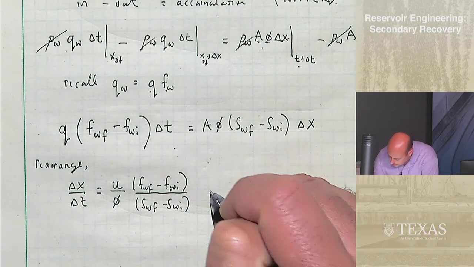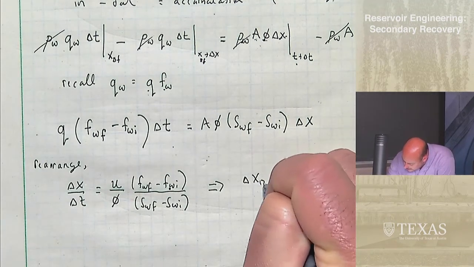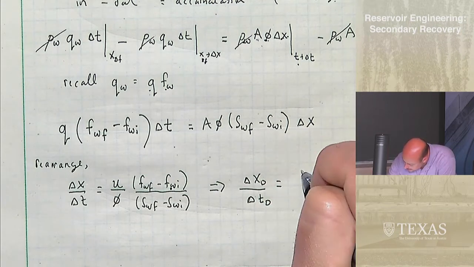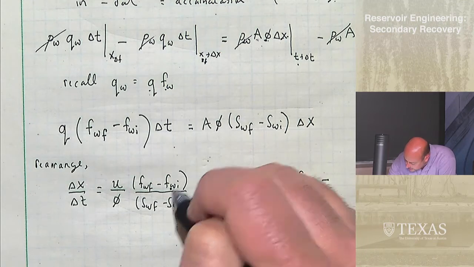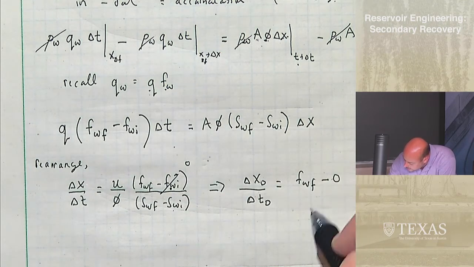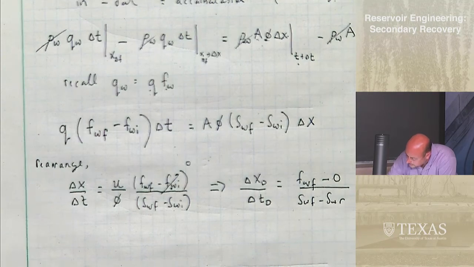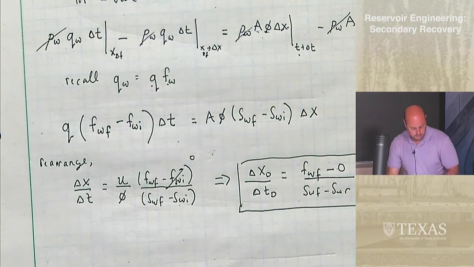If I put this in dimensionless units, delta XD over delta TD, then I can write this as FWF, and if this is irreducible, then FWI is 0, and this is SWF minus SWR. And I've got this equation.